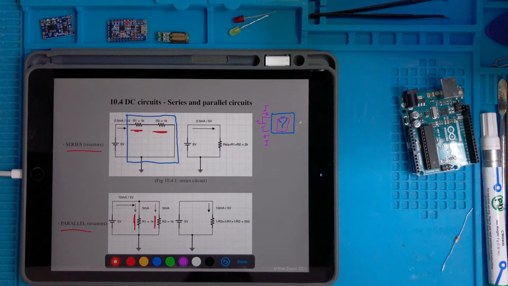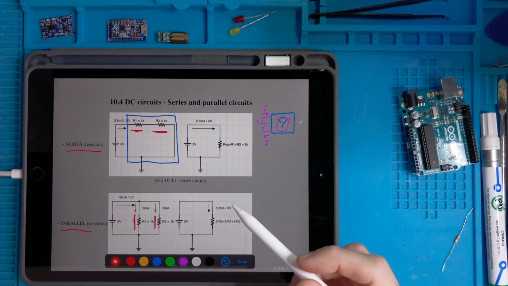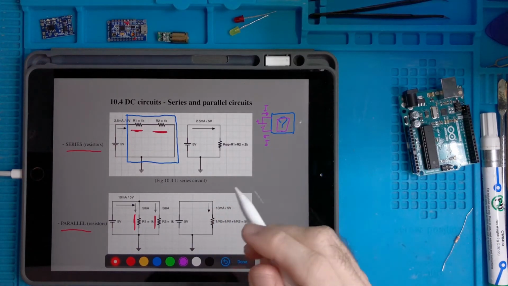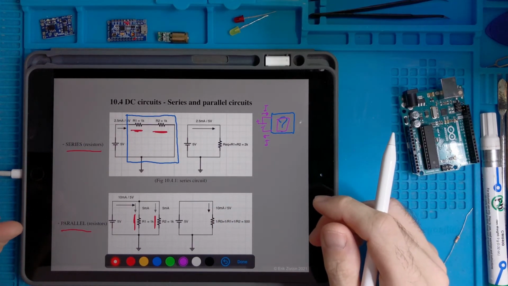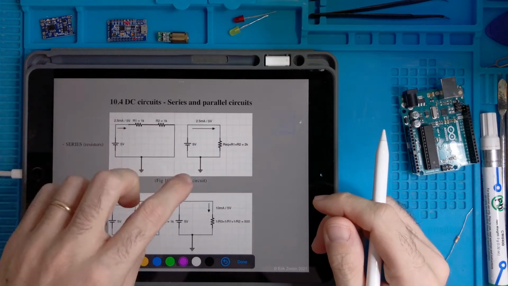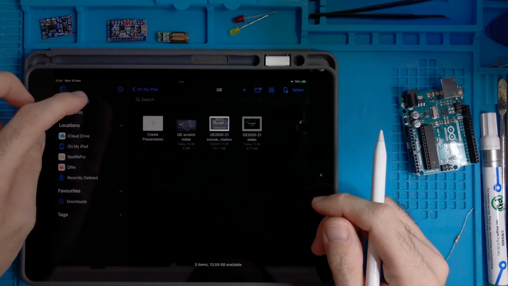So this is the new question we want to answer: how can we compute equivalent circuits? Now we can do this, because if we go back to our scratch board, okay, let's go here.